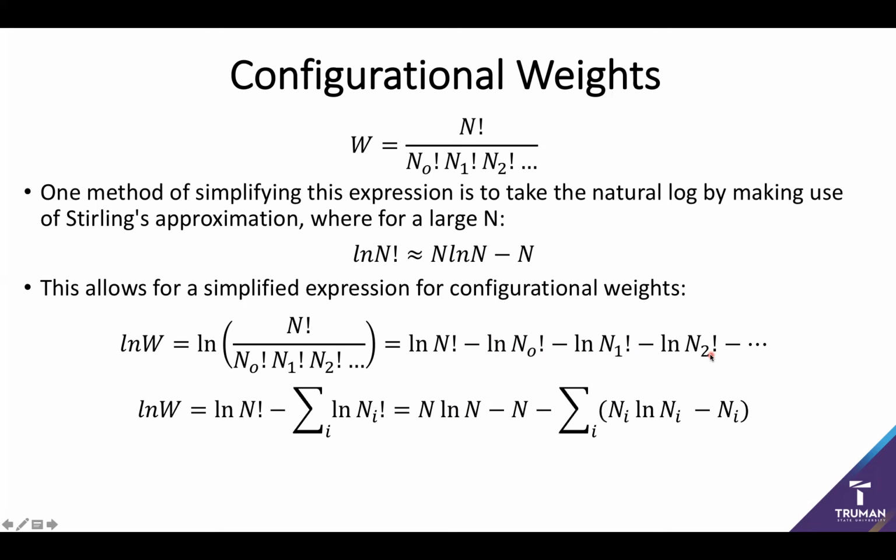So you can then combine this to give it as the natural log of the factorial of the number of particles minus the sum of the natural log of the particles in each state factorial. Now here's where Stirling's approximation comes in, because I'm able to get rid of that factorial by giving the number of particles times the natural log of the number of particles minus n, minus pretty much the sum of the same thing with regards to the number of particles in each of the given energy levels or energy states that I'm examining.